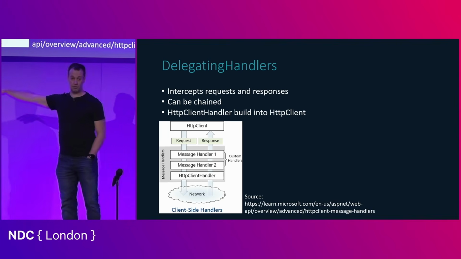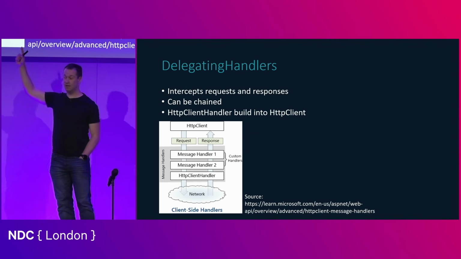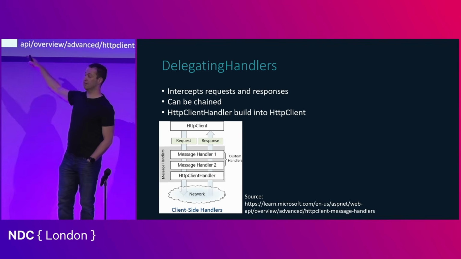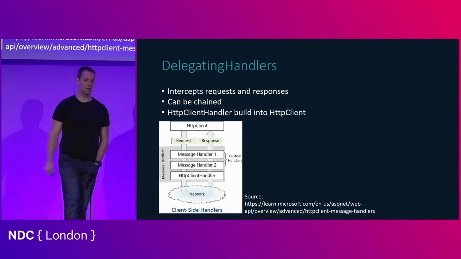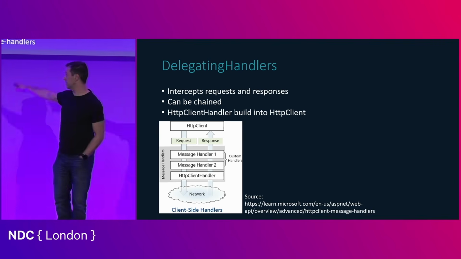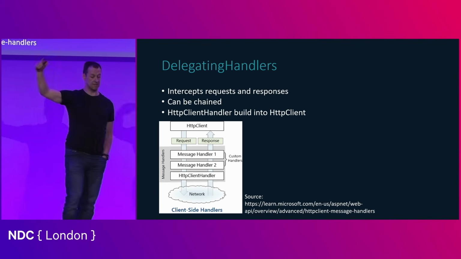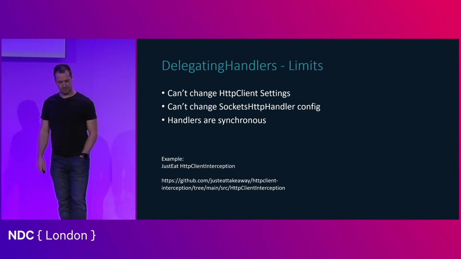Go over the network, do your thing, it comes back in the opposite direction. First through the HttpClientHandler, then message handler 2, message handler 1, then onto the caller. If you want to learn more about that, there's a link here. I summed up all the links at the end as well. And that will give you all the details about those handlers.